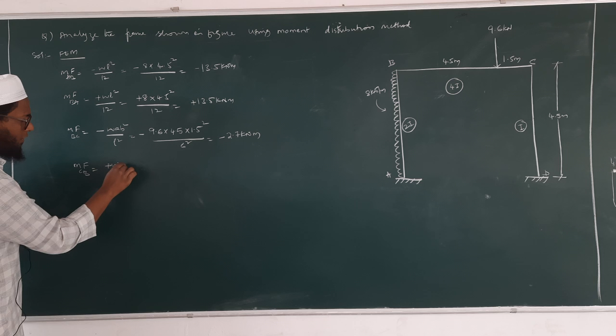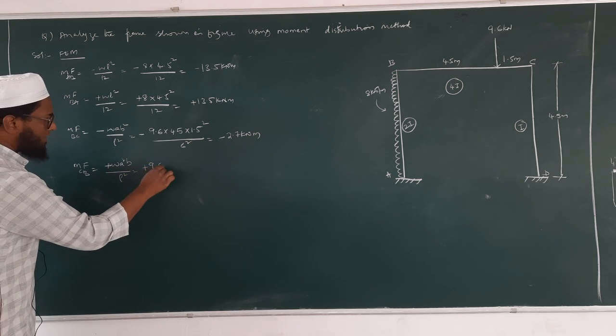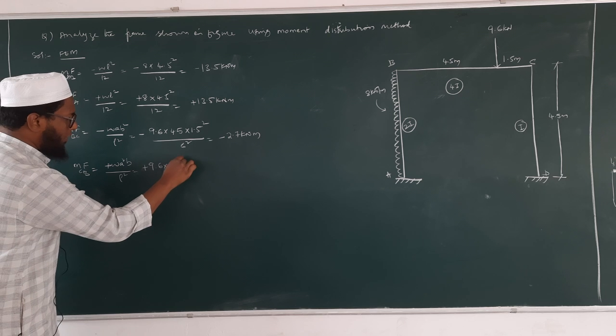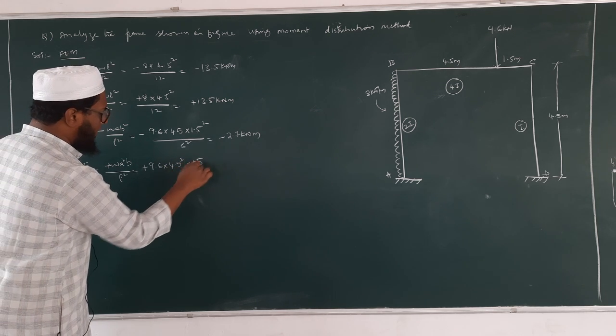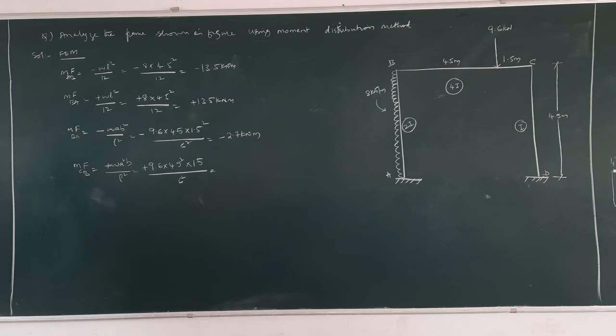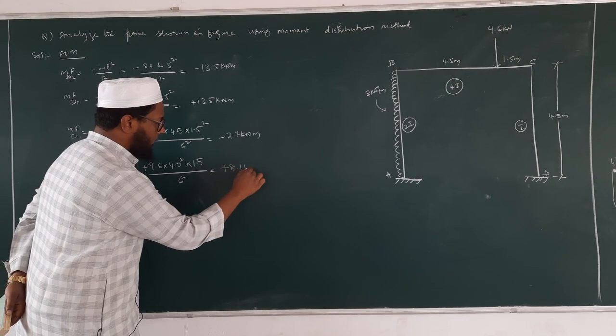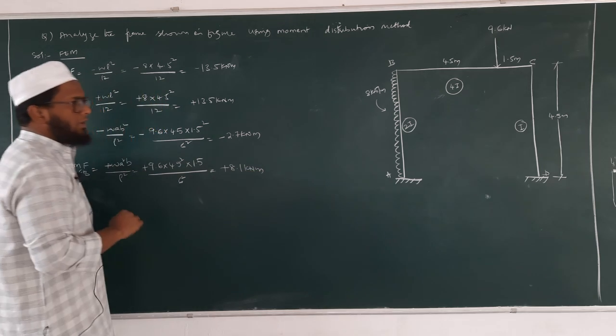What about MFCB? Plus W A square B by L square, that is plus 9.6 into 4.5 square into 1.5 divided by 6 square. How much? 8.1 kilonewton meter.